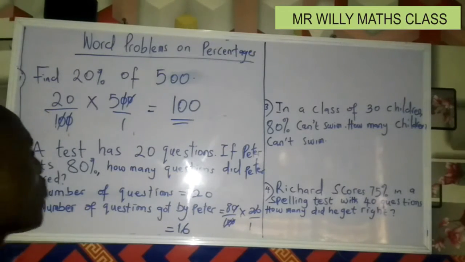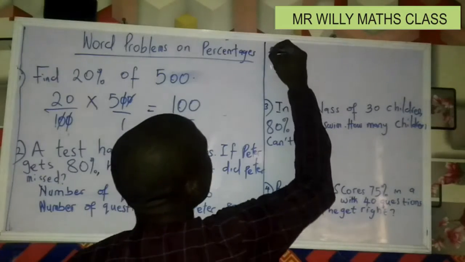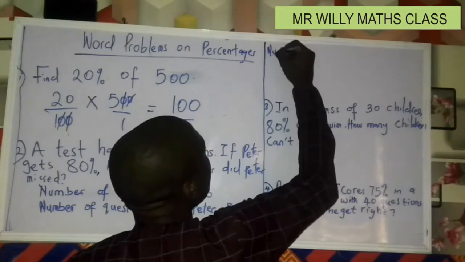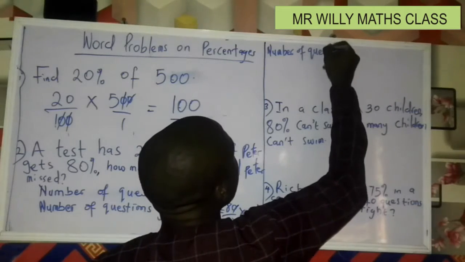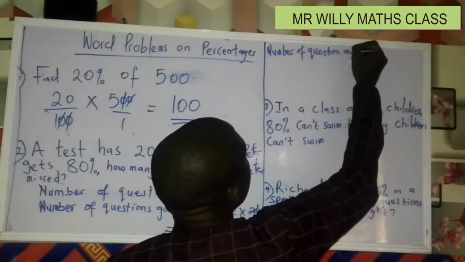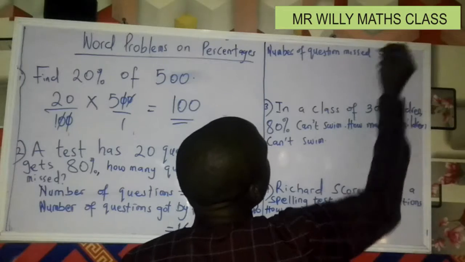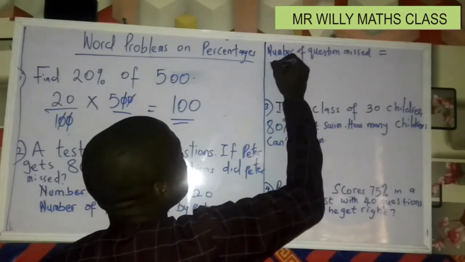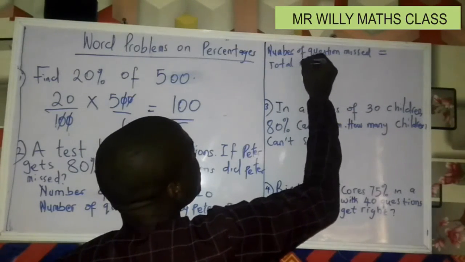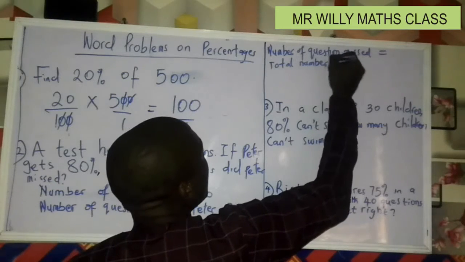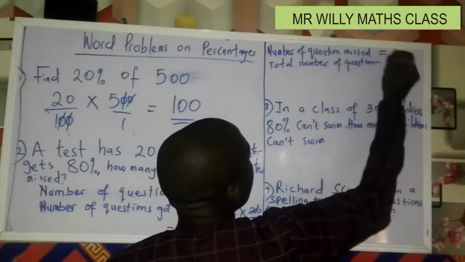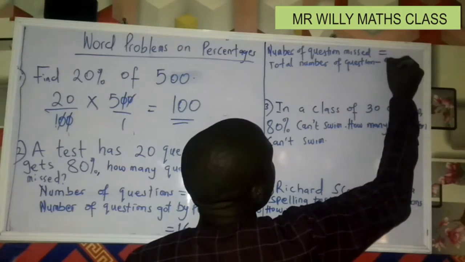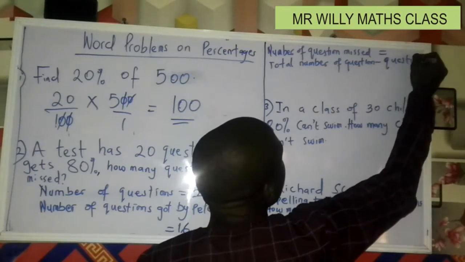Now to get the number of questions missed by Peter, that will be the total number of questions attempted by Peter minus the number of questions got by Peter.